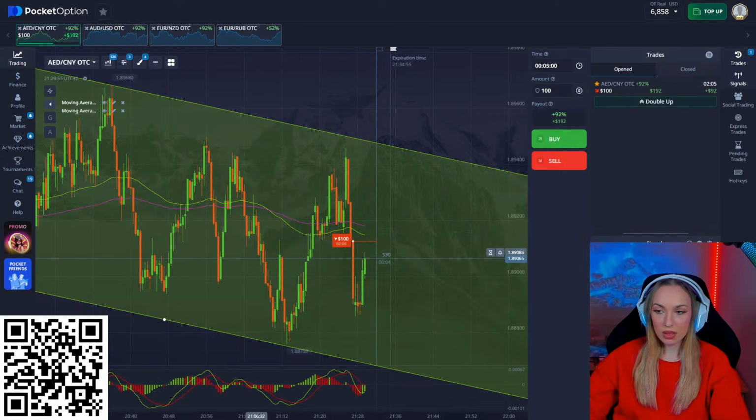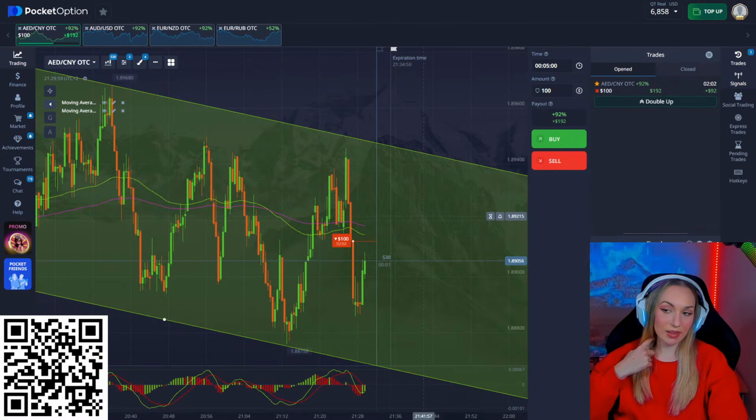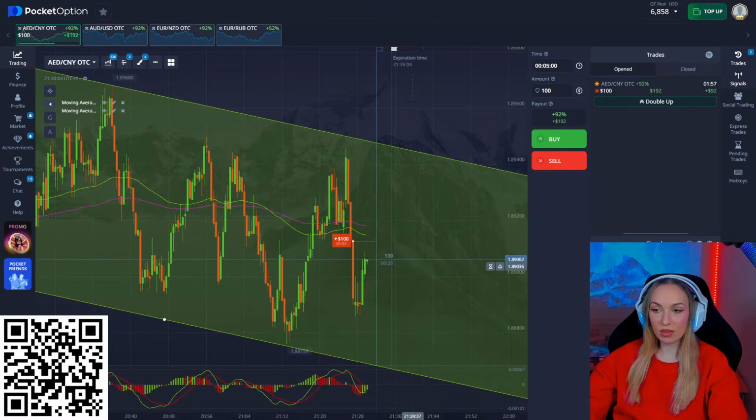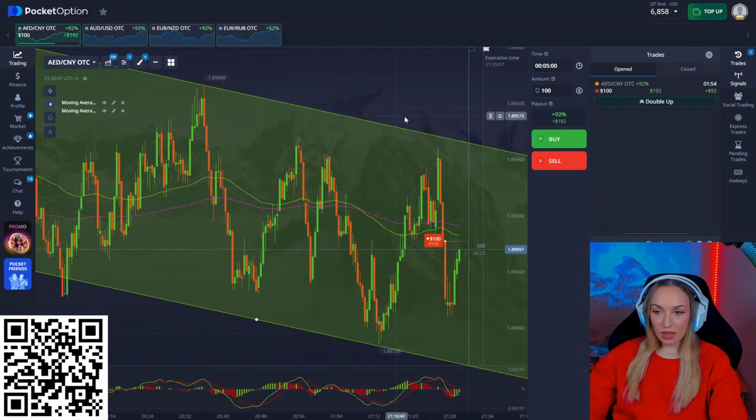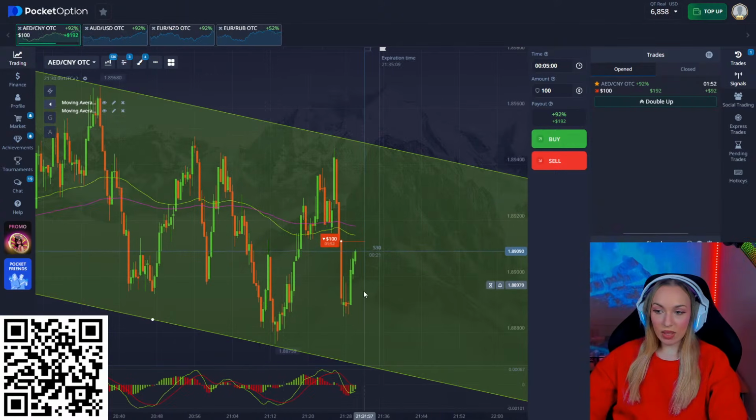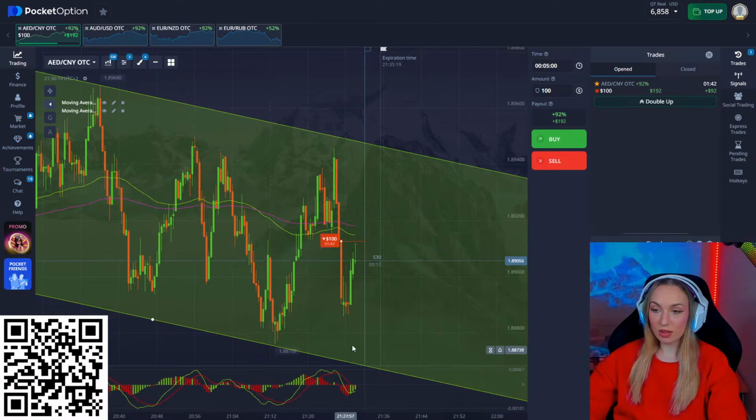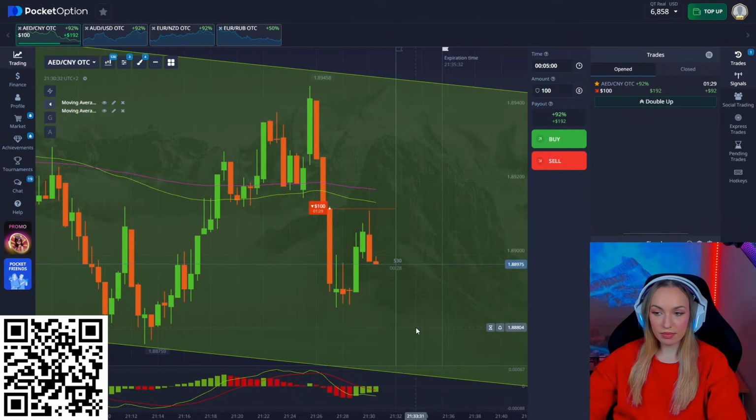Or again, this volatility that killed my last couple of trades, also on ADCNY. Oh no. The market starts moving super fast, but let's hope that it was just a correction and it will go to touch the support, because still it's kinda far.